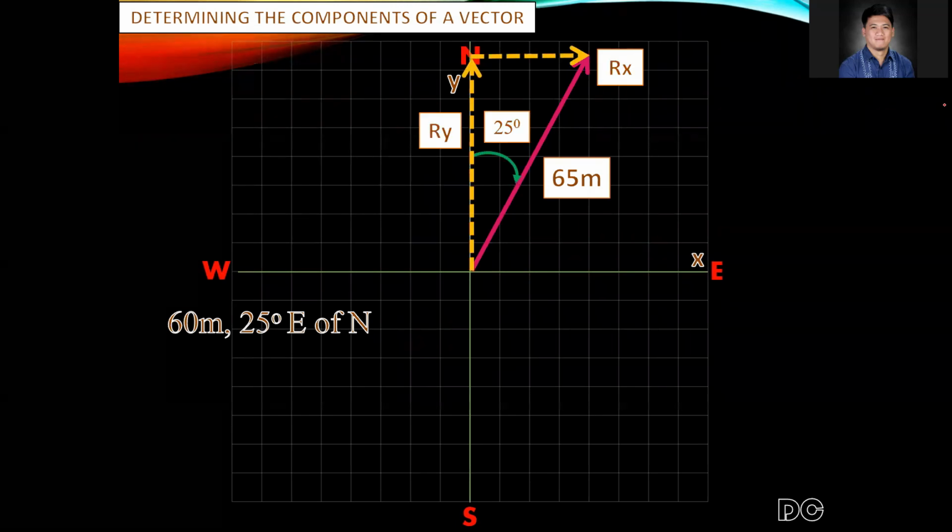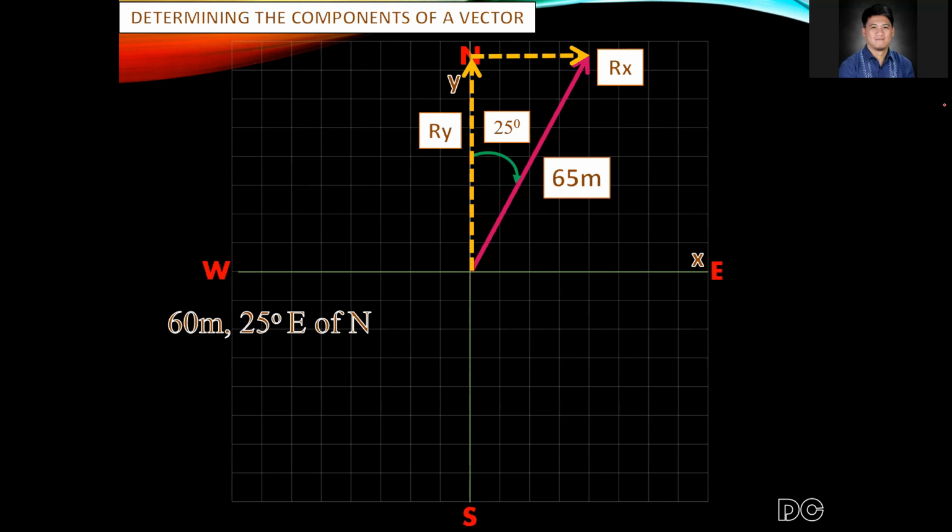Since it is on the y-axis, first let us transfer the angle so that it is based on the x-axis. Ililipat natin ang ating angle that is based on the x-axis. So transfer the angle that is based on the x-axis.